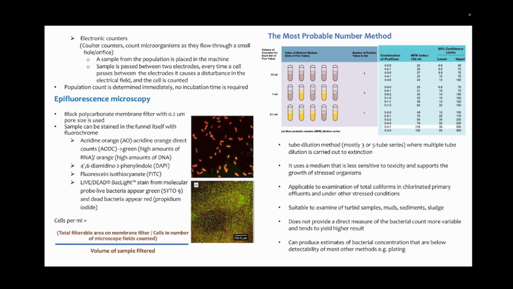So what we usually do in research is we stain the same sample on 2 different filters, one with propidium iodide and one with DAPI. DAPI will tell you total, everything. Propidium iodide will tell you only the dead cells. So this minus this will tell you how many cells are alive.